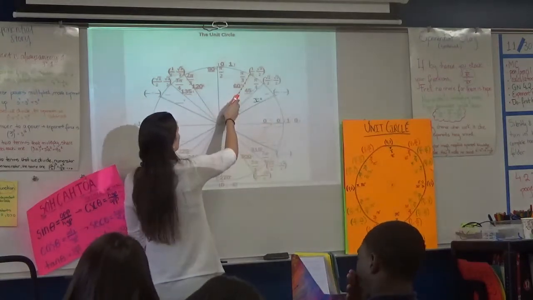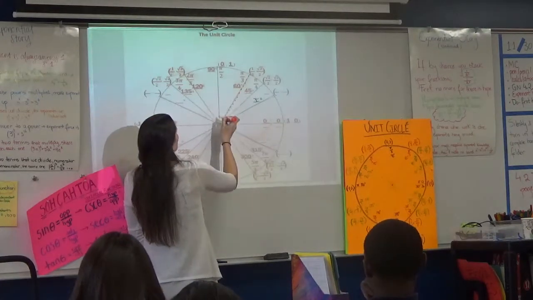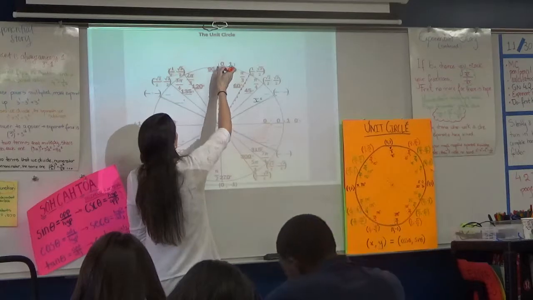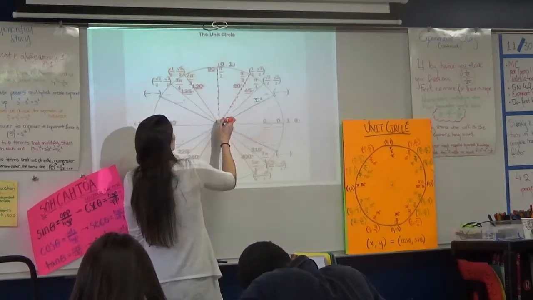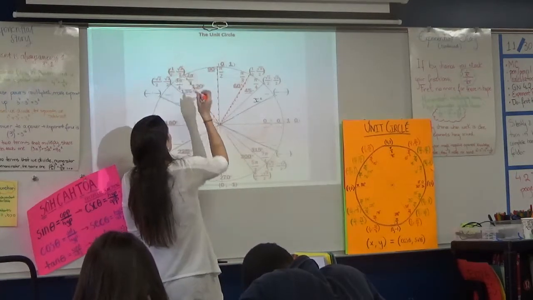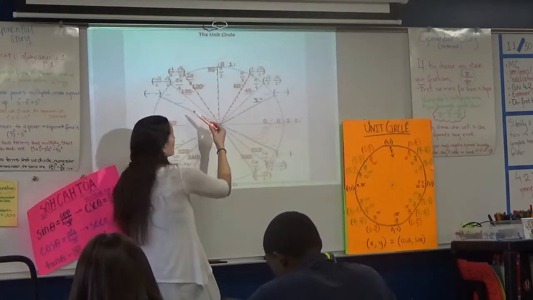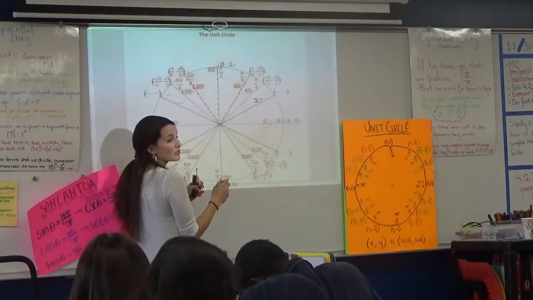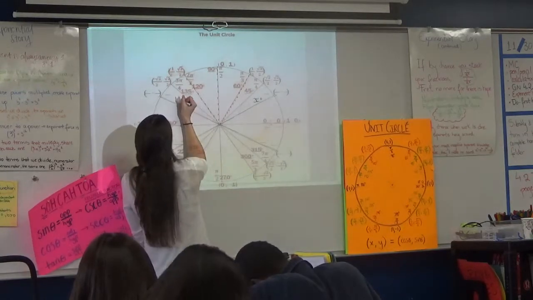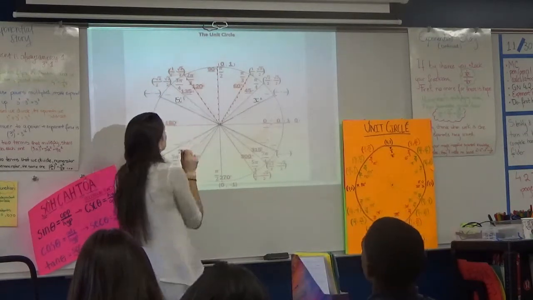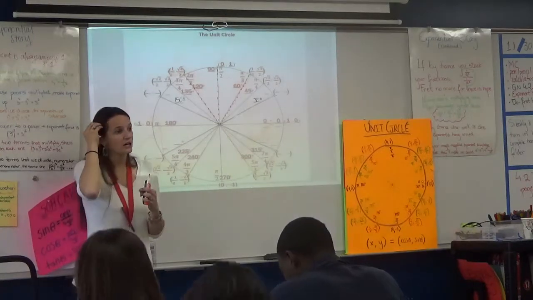So 30 plus another 30 would be 90. 90, already got it. Plus another 30 would be 120, already got it. So now let's do 120 plus 30, that should get us to the one we need. 120 plus 30, Jose? 150 degrees for this one right here.